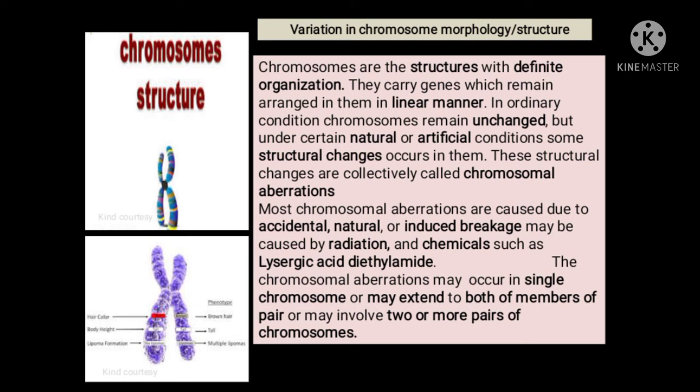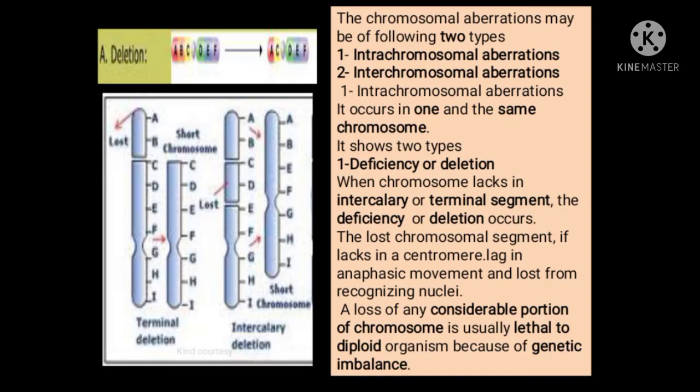The chromosomal aberrations may occur in a single chromosome or may extend to both members of a pair, or may involve two or more pairs of chromosomes. The chromosomal aberrations may be of the following two types. First, the intrachromosomal aberrations, and second, the interchromosomal aberrations.